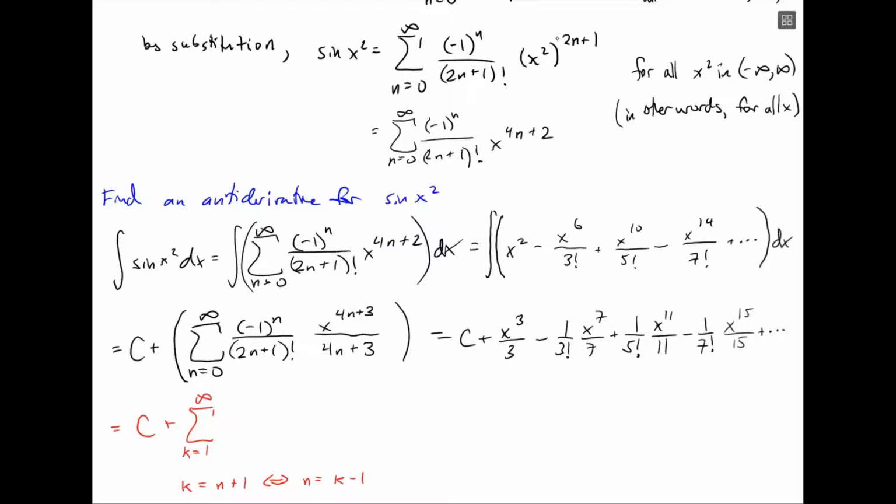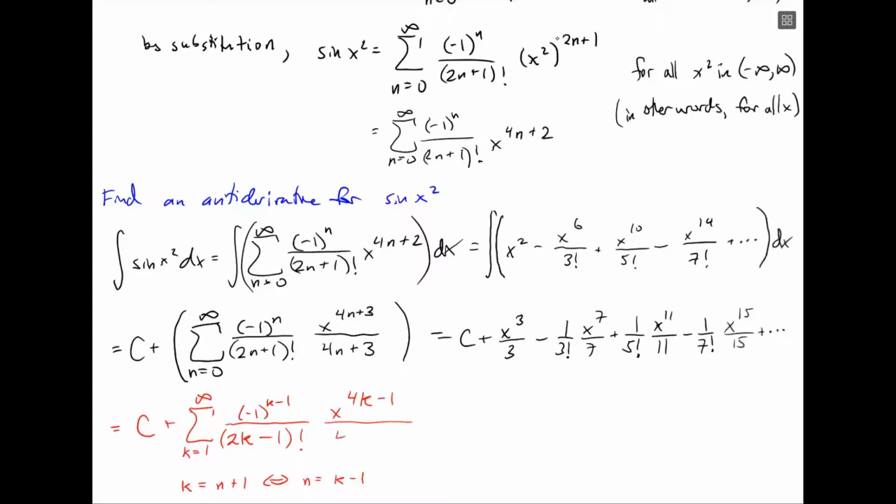Now by substitution, and be careful, if I put a k minus 1 right here, what do you get? It's going to be 2k minus 2 plus 1, so it's going to be 2k minus 1. Up here, we're going to have a 4 times k minus 1, so that's 4k minus 4, or in other words, 4k minus 1, because we've got a plus 3 right there.